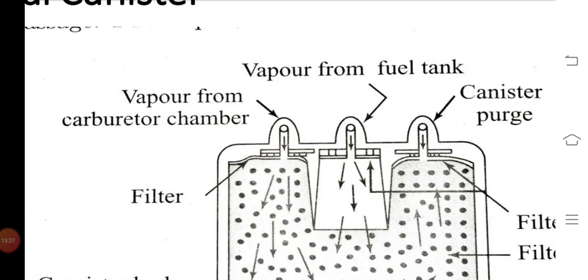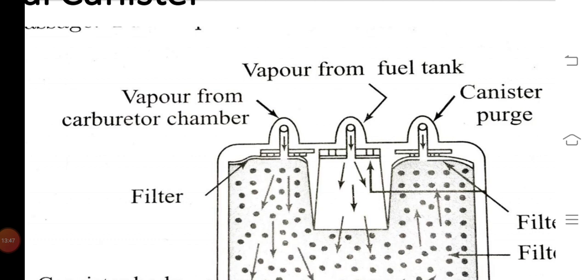This left side passage is the vapor coming from the carburetor, and the fuel vapors from the fuel tank enter through the mid passage of this canister.